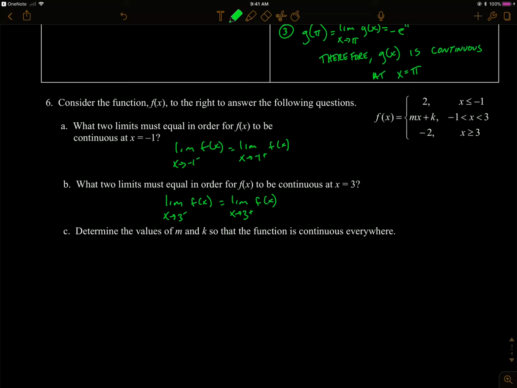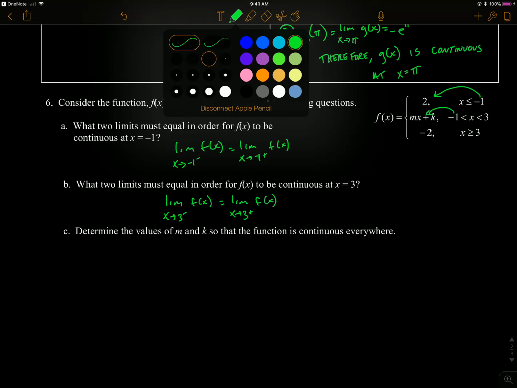So we want to show that when I plug negative 1 into here, getting the limit from the left will equal when I plug negative 1 in here. Those two things have to be equal. That will make it continuous at negative 1 because we have that equal sign.